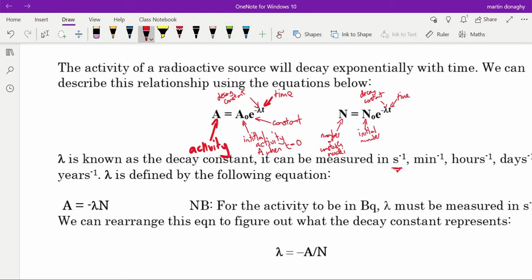So the thing that links these two quantities together, the activity and the number of unstable nuclei, we should just expect that they're directly proportional.